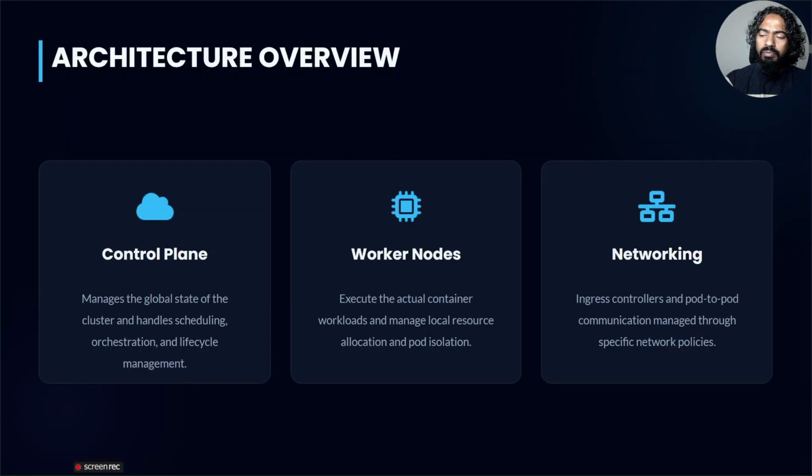Now, when it comes to the control plane, what we just saw in the diagram, the control plane actually decides what should happen, in a very short way. And the worker nodes actually execute the workloads. Then the ingress exposes services to the outside world, and CI/CD pipelines continuously push the code in.